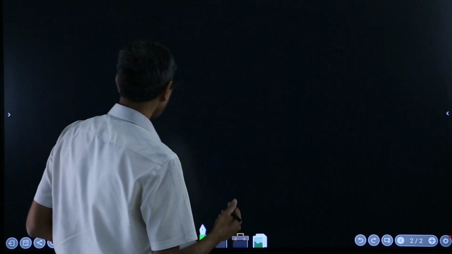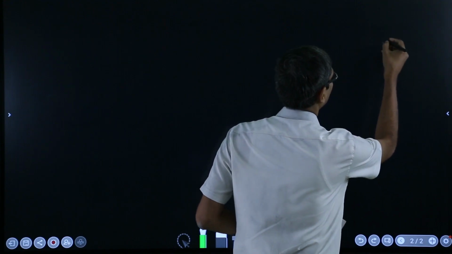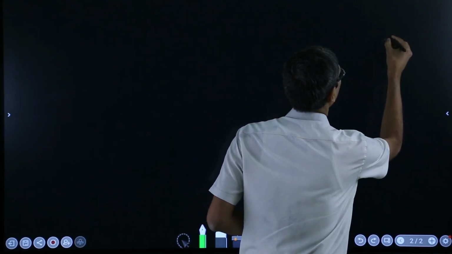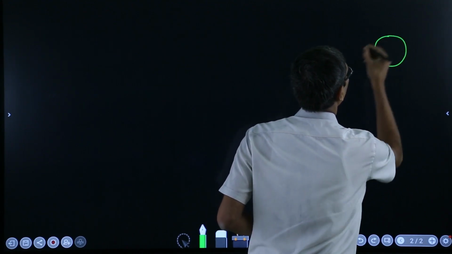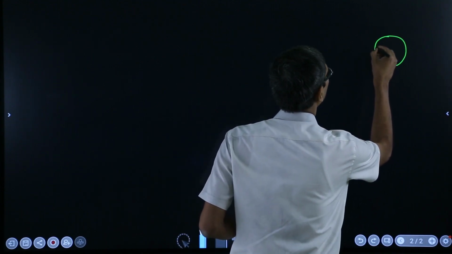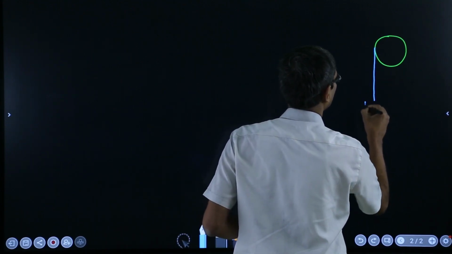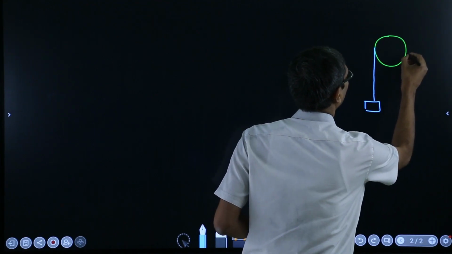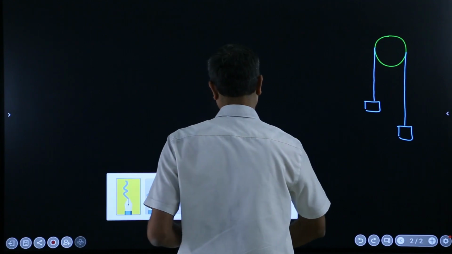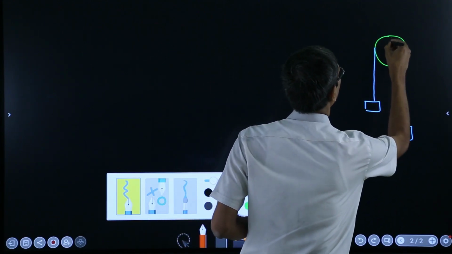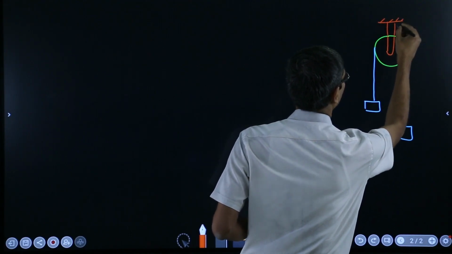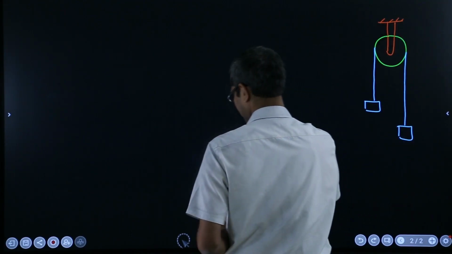So for example, suppose there is a pulley, it's a fixed pulley like that, and you are given a certain mass here and a certain other mass here. You always did that, right? Now suppose this was fixed like that.